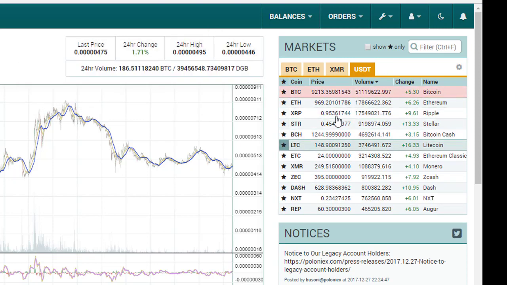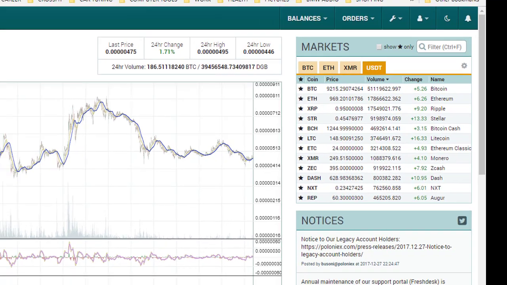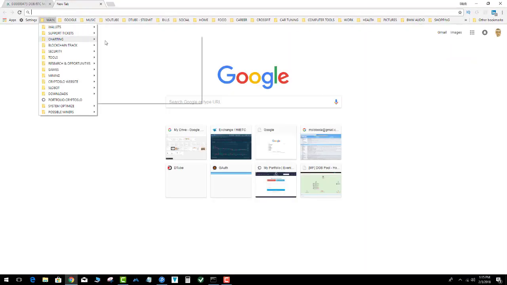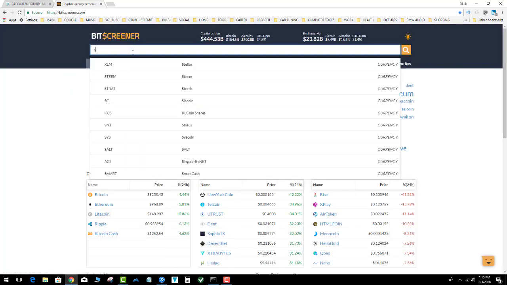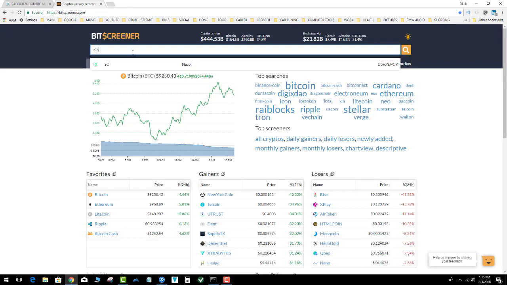Whenever you're searching for a specific coin, let's say we were looking for Siacoin. What is Siacoin? Let's go over to BitScreener real quick and pull up Siacoin. SC.